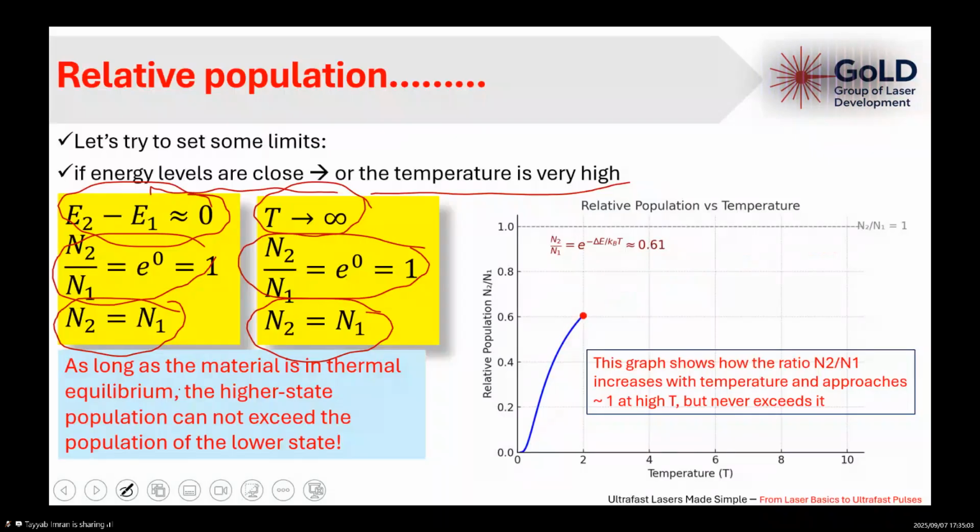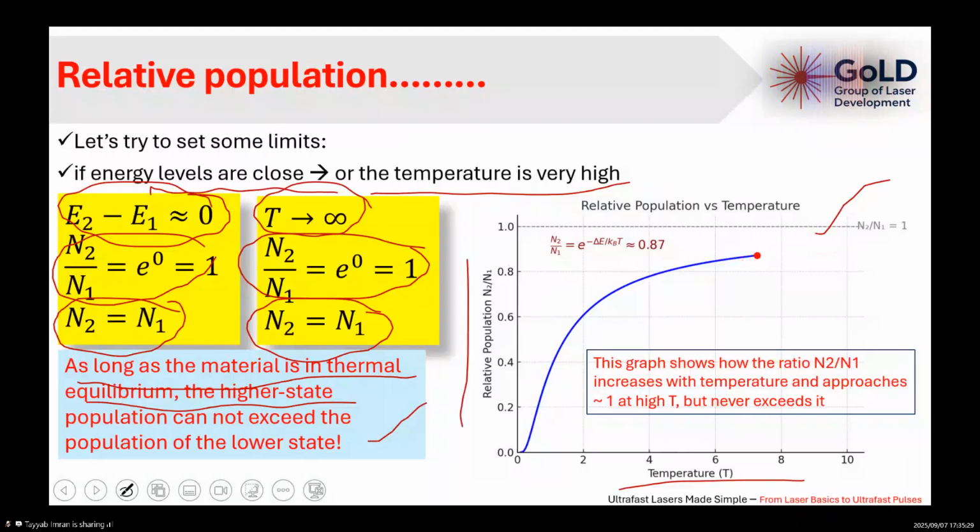As long as the material is in thermal equilibrium, the higher state population cannot exceed the population of the lower state. What this graph is showing, you are already aware of this kind of graph. It shows the temperature and the relative population, N2 over N1.